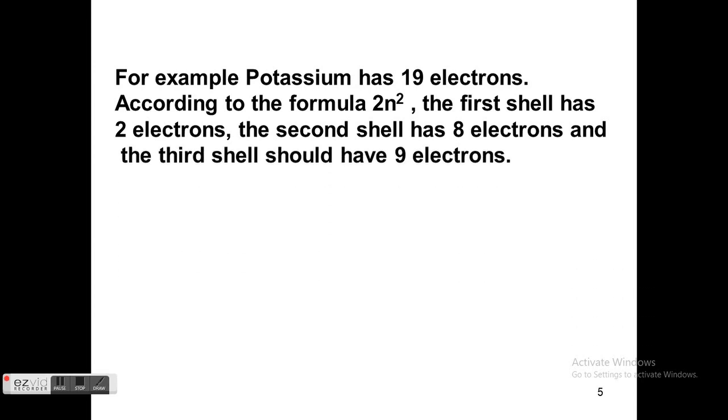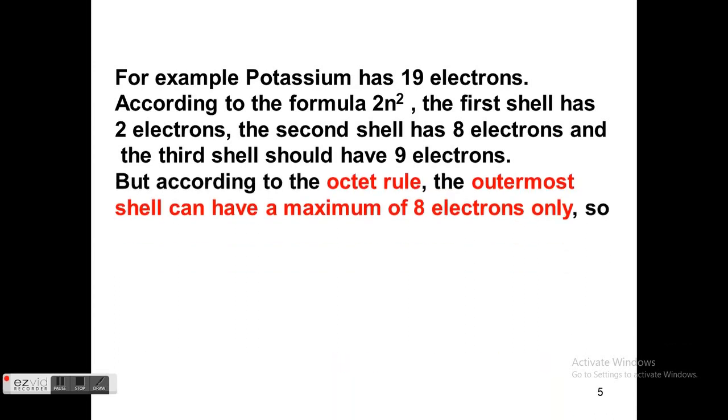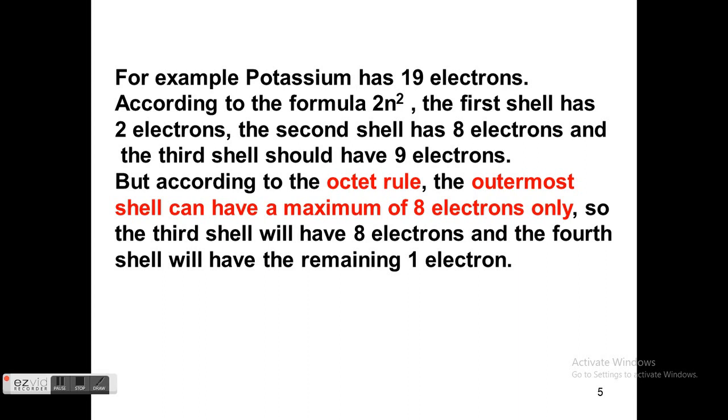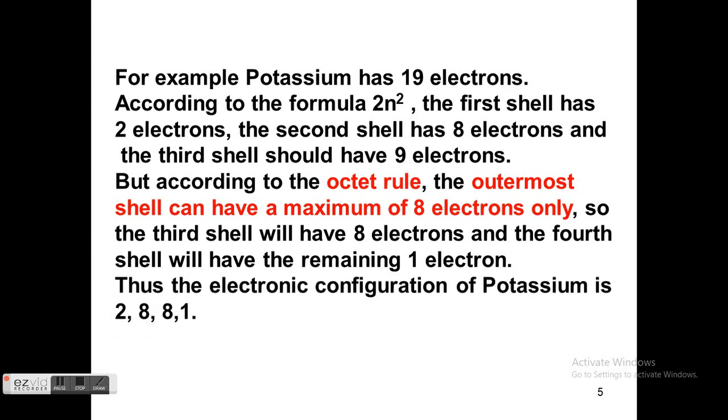And the third shell cannot have all the 9 electrons. It will have 8 electrons, and the last 1 electron will move to the last orbit. And so its electronic configuration is 2, 8, 8, 1.